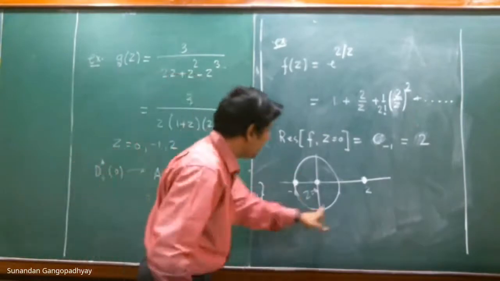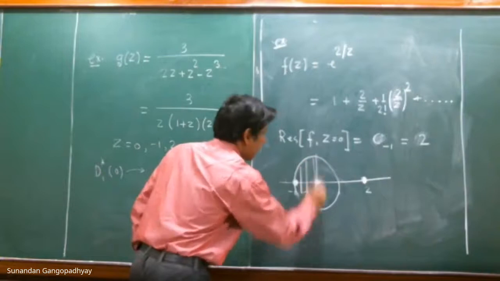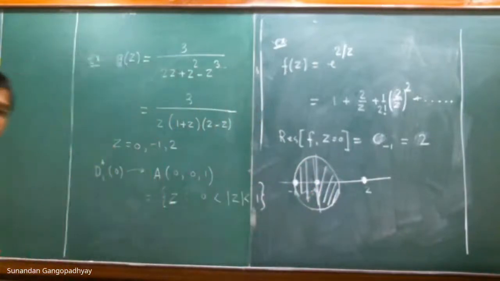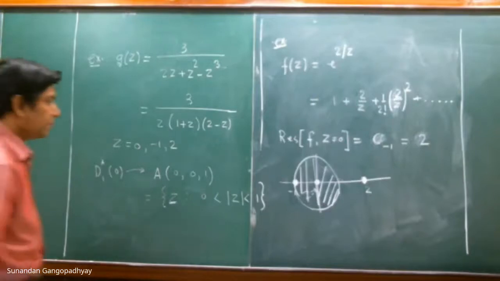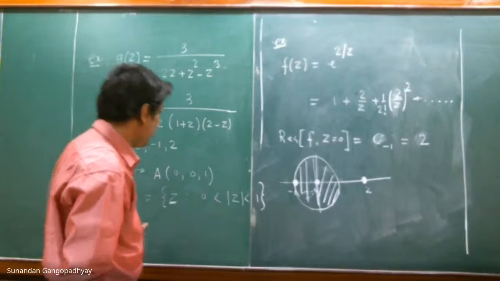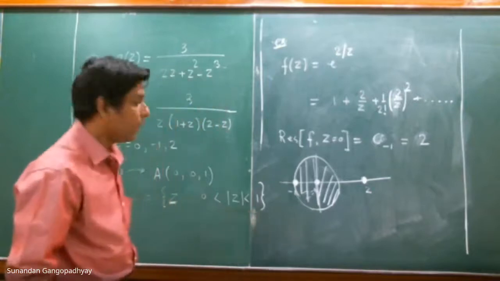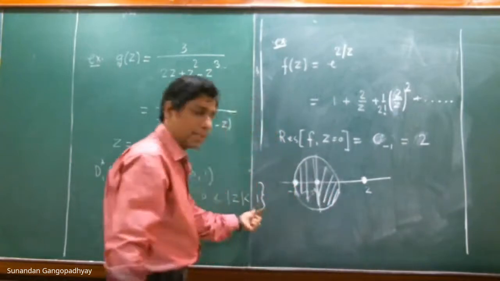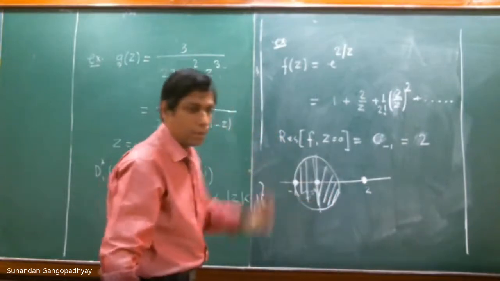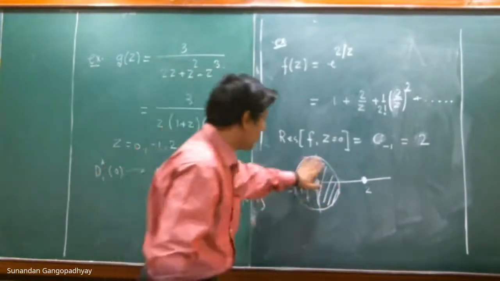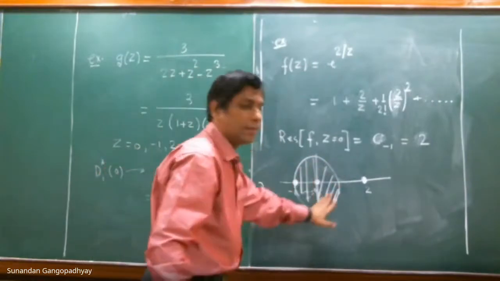So you are in this region. Obviously the boundary is not included because this is less than 1, and you have taken out this point. So this is a punctured disk. You want to find out the expansion of this function in this region.